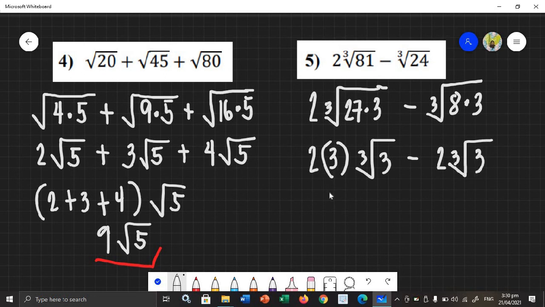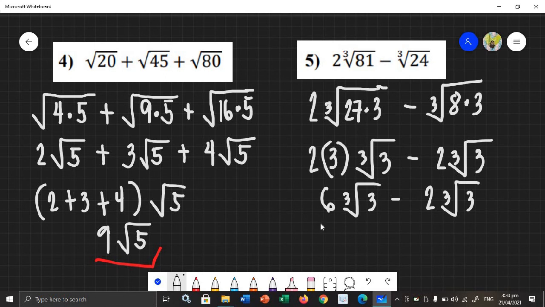Multiply natin 2 times 3, 6 cube root of 3. Rewrite ko lang, minus 2 cube root of 3. So, kung napansin nyo, right after simplifying, naging similar radicals na sila. Okay? They both have the same indices as well as the same radicands.